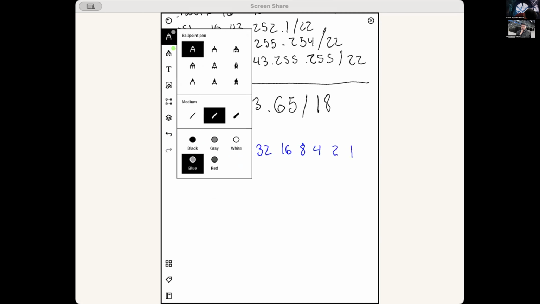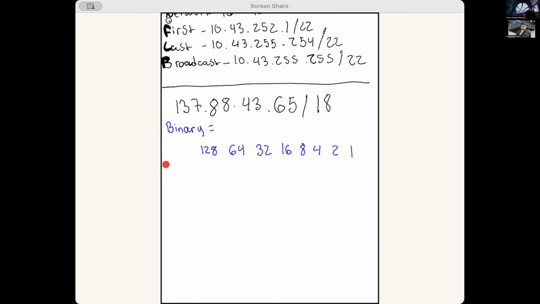And we have 137 here. So 137, we know that's going to look like 1, 0, 0, 0, 1, 0, 0, 1 equals 137, right?